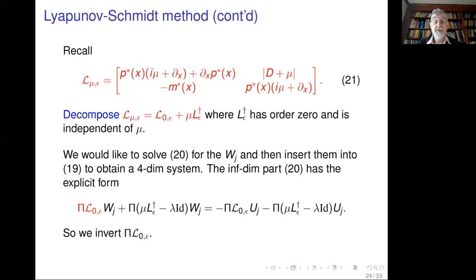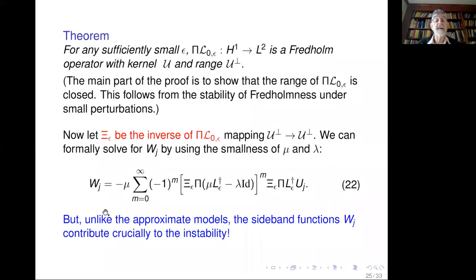We're going to end up with an equation. Here's the equation for W. W is the infinite dimensional part, and I can take the inverse of this operator, which I'm going to do here. The theorem says that that operator has an inverse. And then W is formally written as a Neumann series like this.